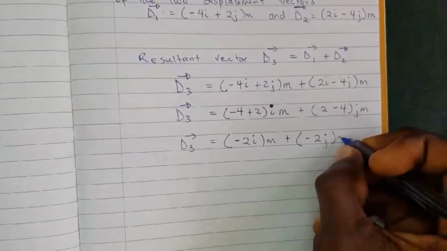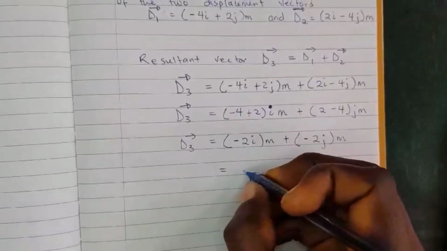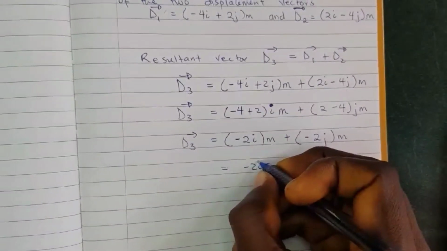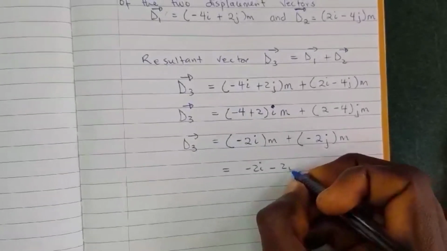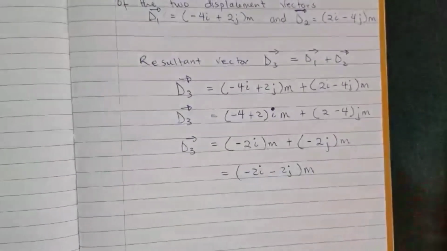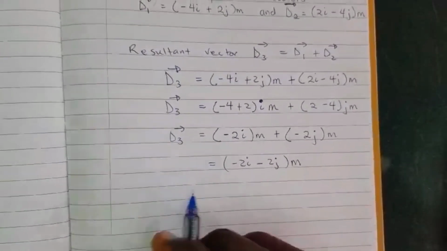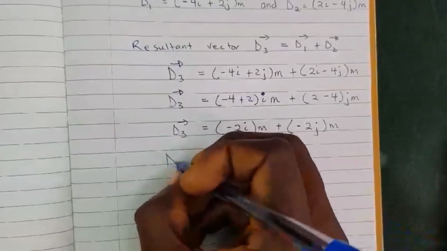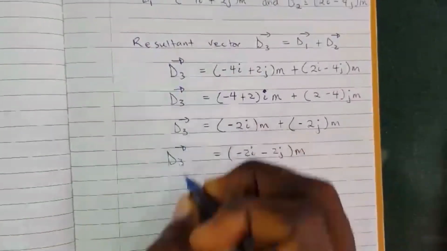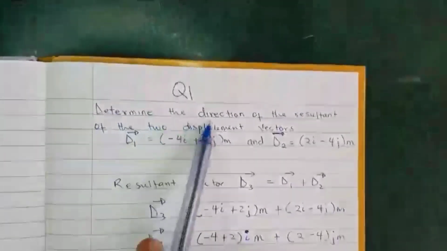Alright, so we can simply write this as d3 is equal to minus 2i minus 2j, all multiplying meters. Okay, so now this is our resultant vector d3, and the question says to determine the direction of the resultant of these two vectors.